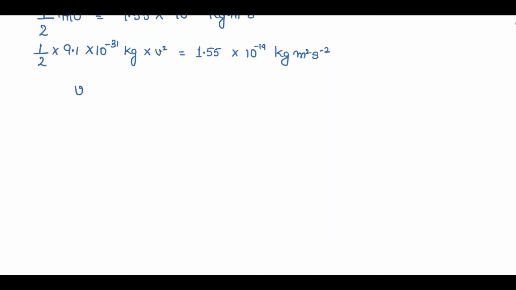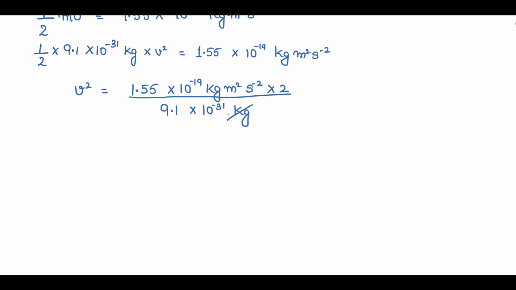I'll take v square on one side and the rest of the values on the other side. So I'll cross multiply this 2 with 1.55, right? So 1.55 into 10 raised to power minus 19 kg meter square second inverse square into 2, divided by 9.1 into 10 raised to power minus 31 kg, right? So I'll cancel kg with this.